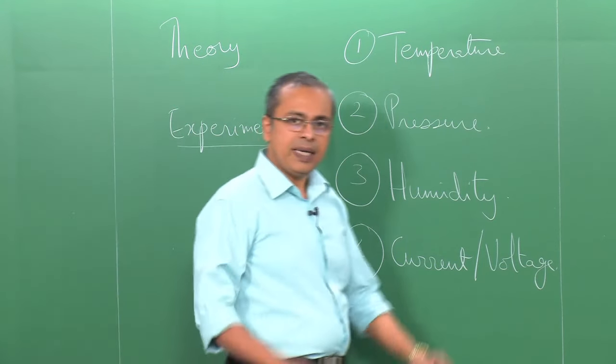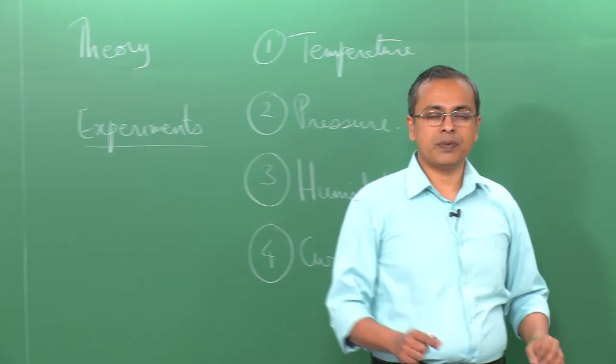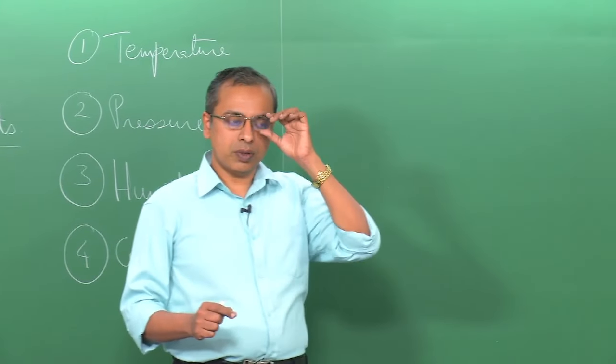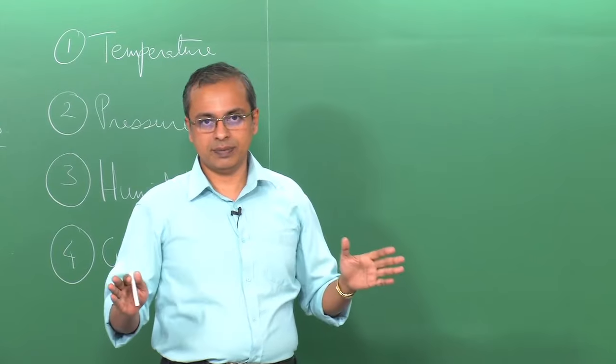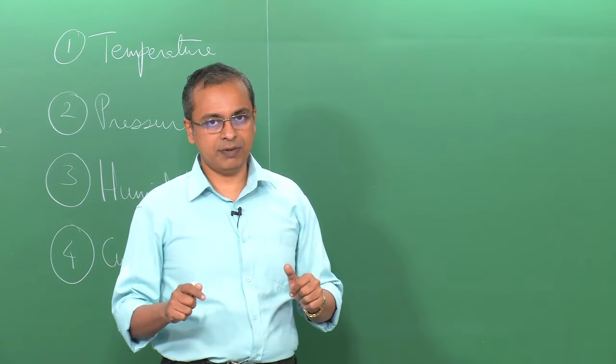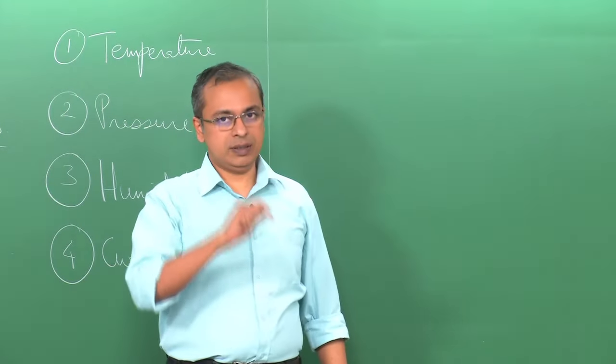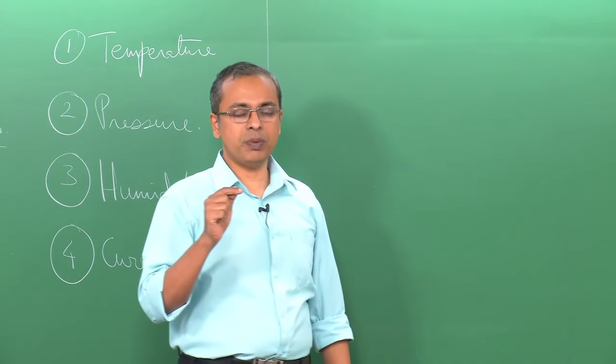Now, in many experiments that we do, commonly we will start by saying that the experimental setup was at some temperature. So, this is a common statement that we make. So, how do we know this, right? So, this is something we have to be very careful about.